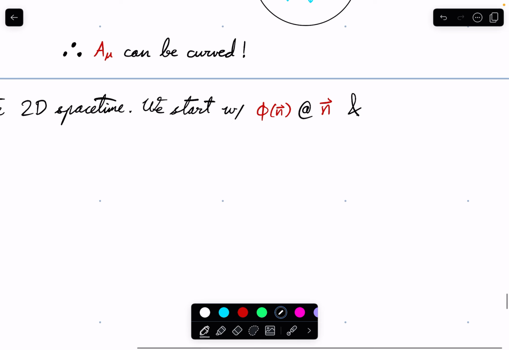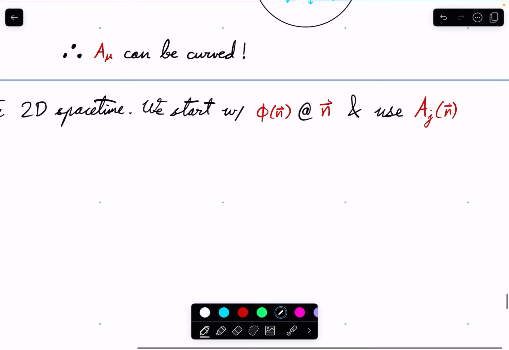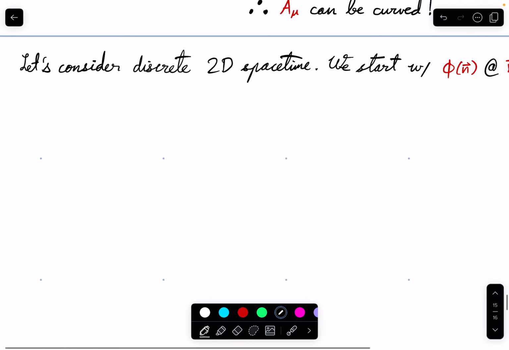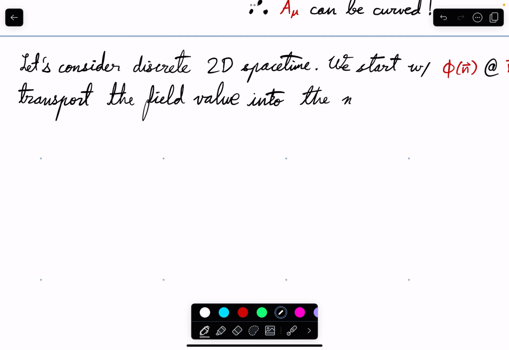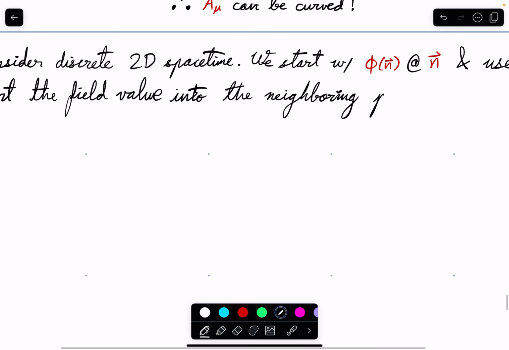And use the connection A_j to transport the field value into the neighboring point coordinate system.